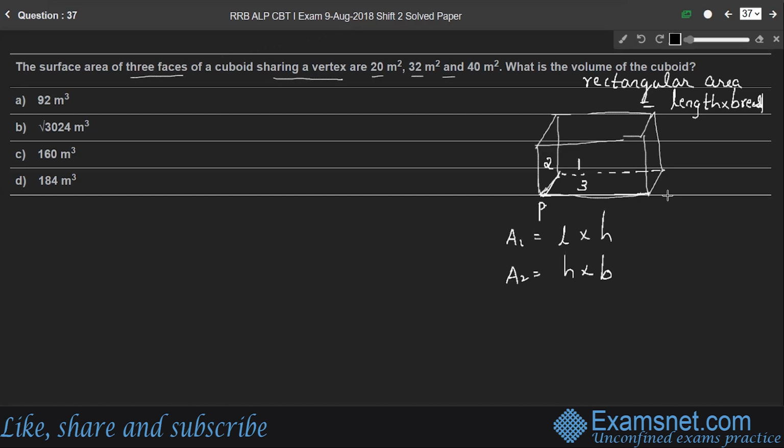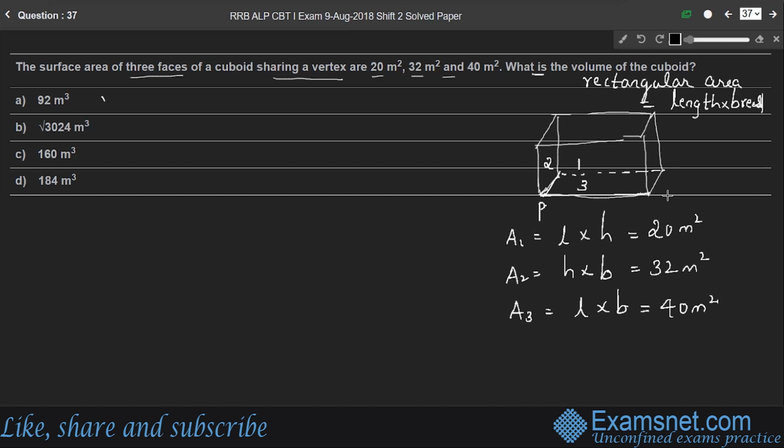So the third face has surface area length into breadth, and their areas are given. One area is 20 meters square, the second is 32, and the third is 40 meters square. We have to find the volume of the cuboid.